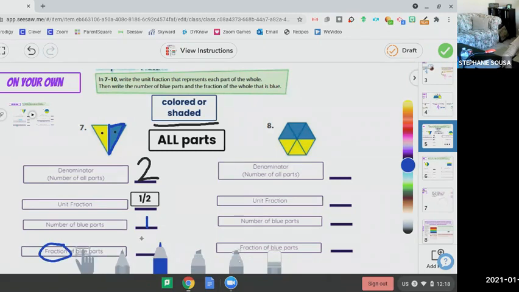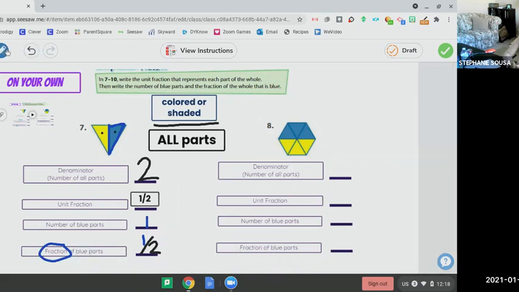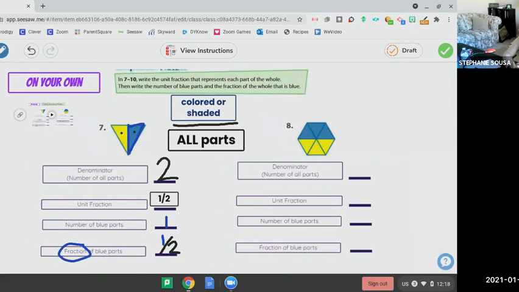This is where all the mistakes were. 1 part is blue. There are 2 parts. So our fraction is 1/2. A lot of you had 1 whole. You had 1/1. Nope. It didn't ask you to put the number of blue on top of the number of yellow. It asked you for how many are blue. 1 out of the 2 parts are blue. You need 1/2 right there.